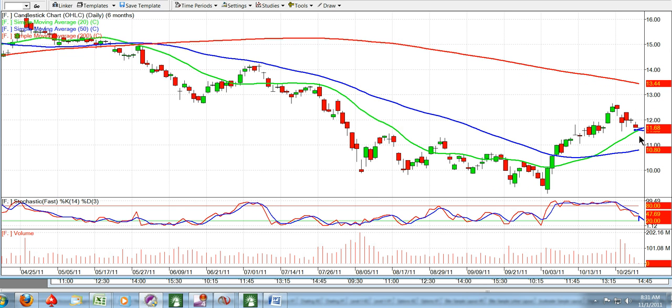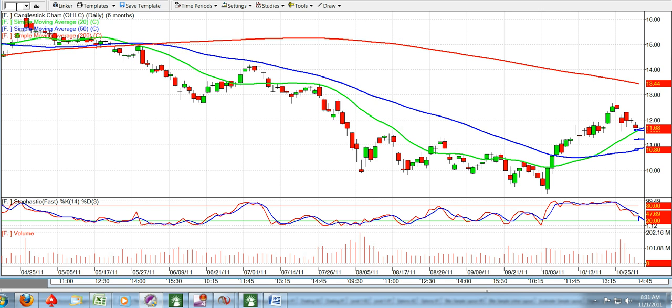Now in pre-market on Ford, we're actually at 11.35, so we're actually down into this area. So I'm going to hold off and see if our stochastics come down below the 20, and then I'm going to look for the 50 period moving average to hold.